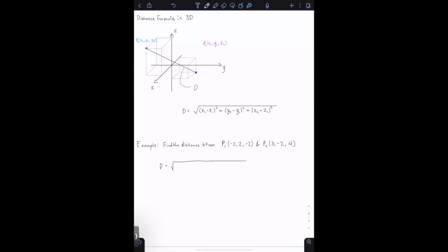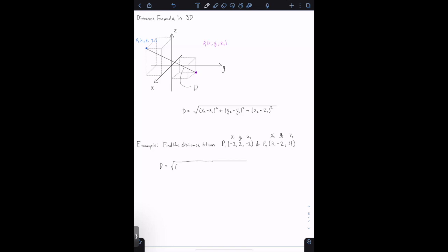But we have to decide which one is x2, y2, z2. Let's make it simple. Since this is P1, let's say this is x1, y1, z1. Since this is P2, this is x2, y2, and z2. Now we plug it into the equation.